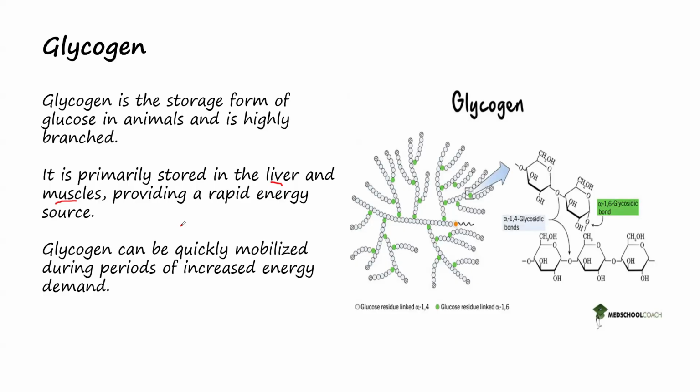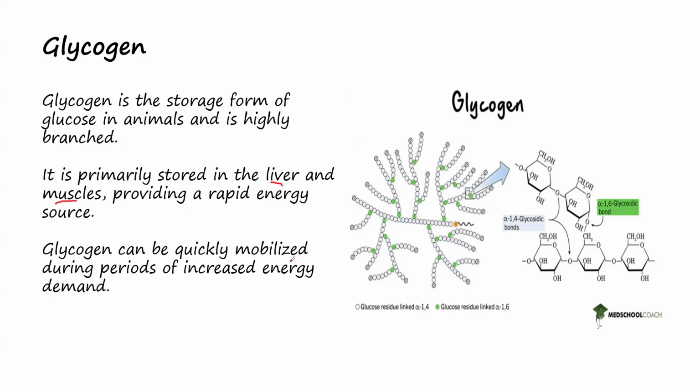Once there is no energy, the stored glycogen will release glucose for energy generation. The glycogen in the liver will release glucose to maintain blood glucose level and energy generation by other cells of the body, while the glycogen in the muscles is meant for the muscles for energy generation.